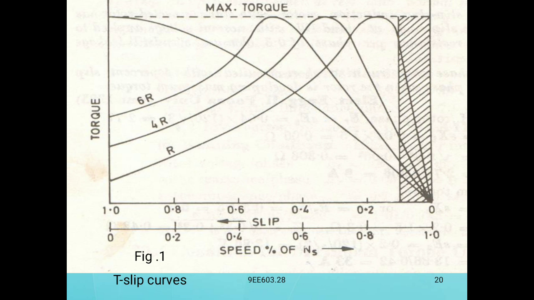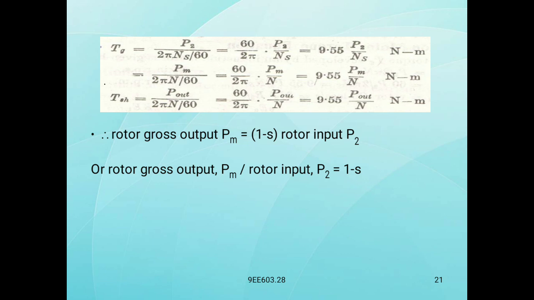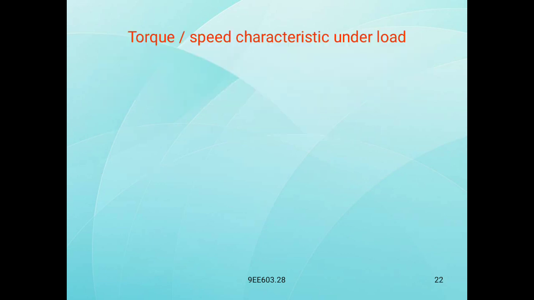See the torque slip curves. We have the gross torque and shaft torque formulas. Already we read this: rotor gross output Pm by rotor input P2 is equal to 1 minus s, that is N by Ns.